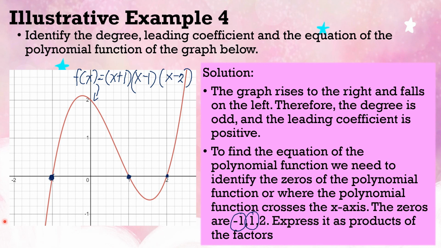To find the equation of the polynomial function, we need to identify the zeros of the polynomial function, or where the polynomial function crosses the x-axis. The zeros are -1, 1, and 2. And we have to express it as products of the factors. So we have here the answer. F of x is equal to the quantity x plus 1 times the quantity x minus 1 times the quantity x minus 2.